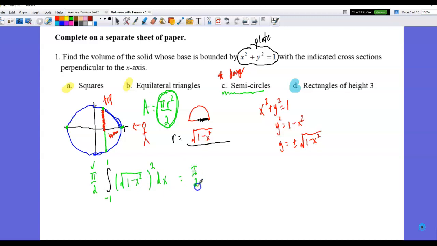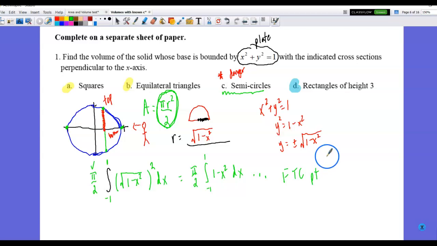That becomes pi over 2 from -1 to 1 of 1 minus x squared, because I squared the square root. And then I would do the anti-differentiation and substitute the upper bound and the lower bound. That's FTC part 1 to find the volume of the cake, a semicircular cake that sits on a circular plate.